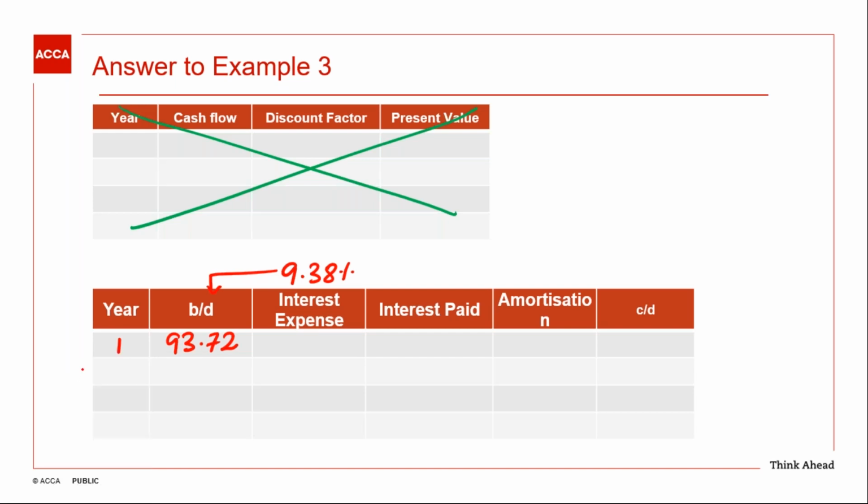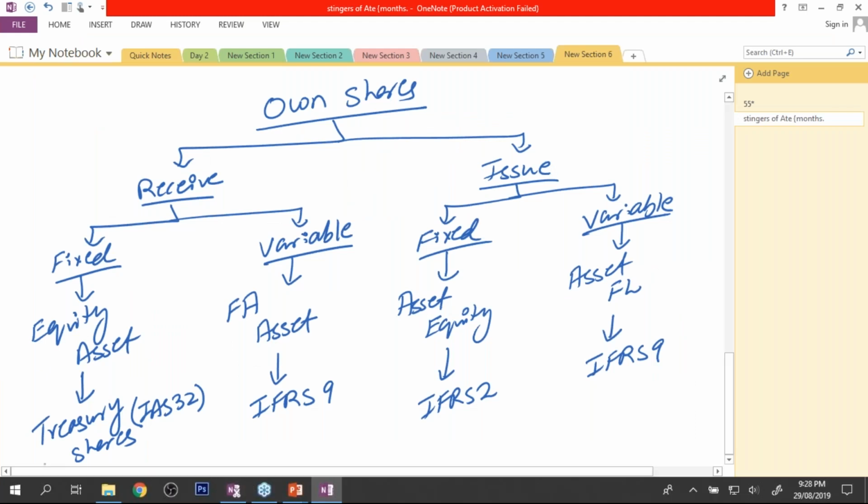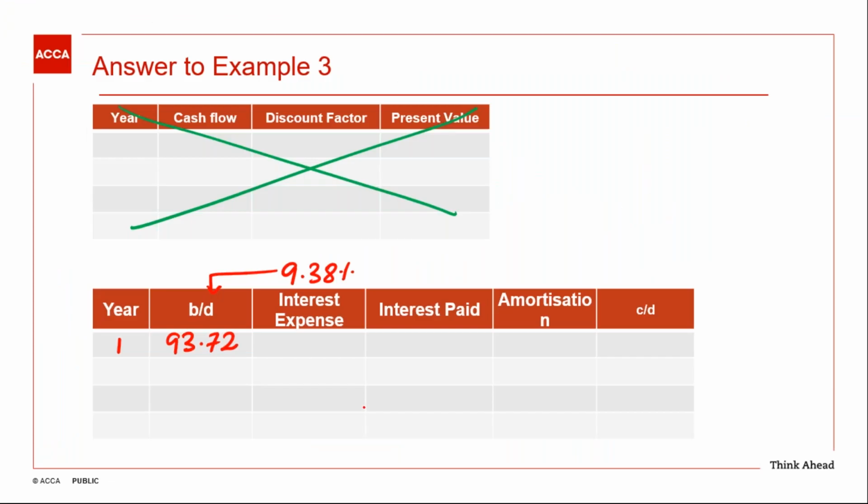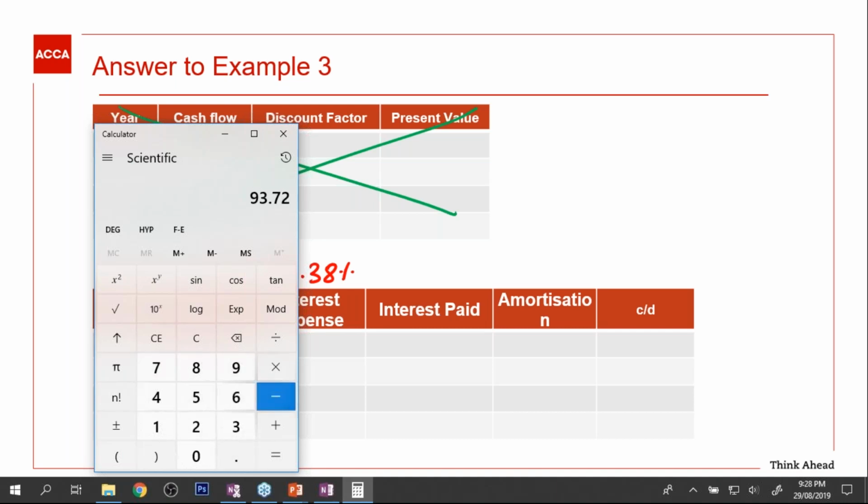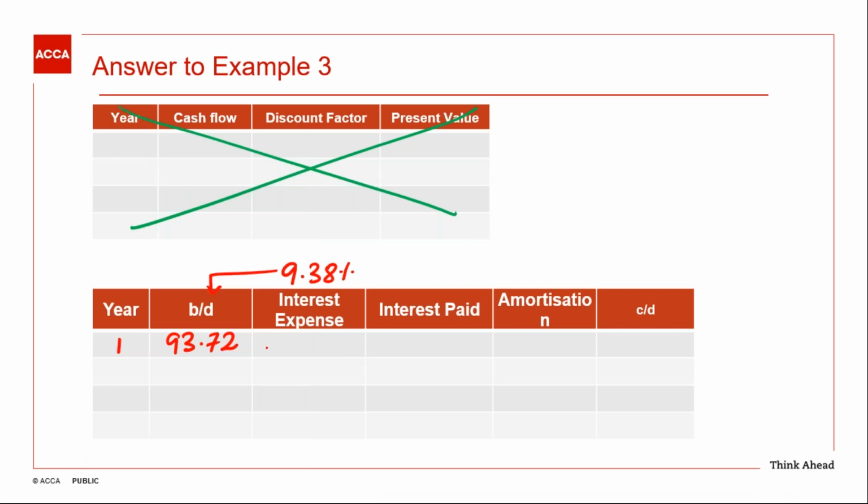So let's use a calculator. It is going to be 93.72 multiplied by 0.0938, which is 8.79. Okay, so I'm not calculating, I'm expecting you people to calculate these values.